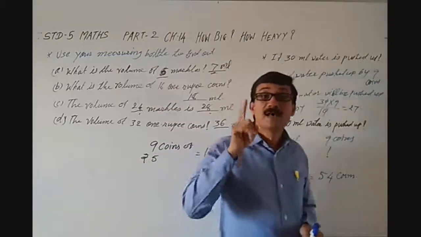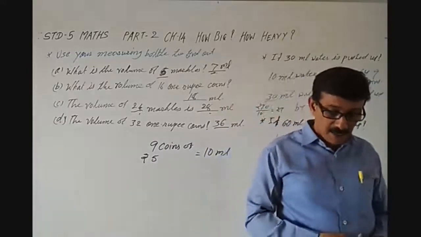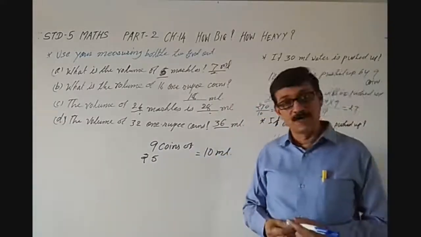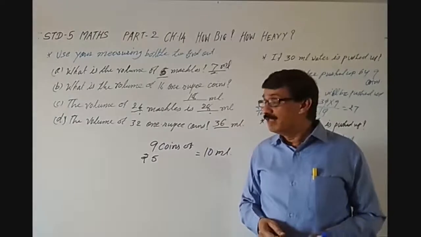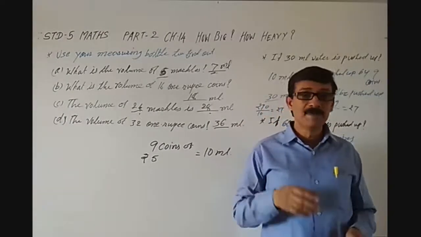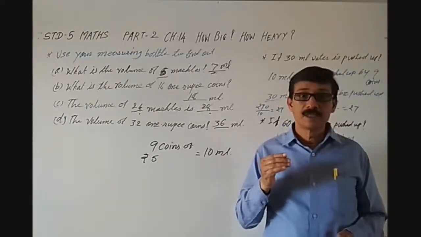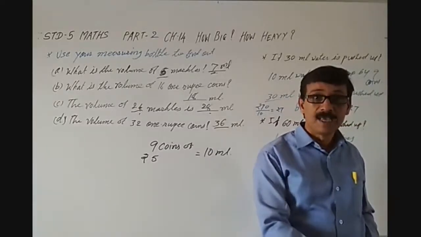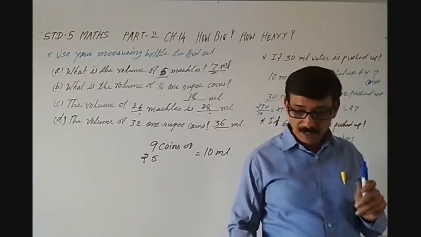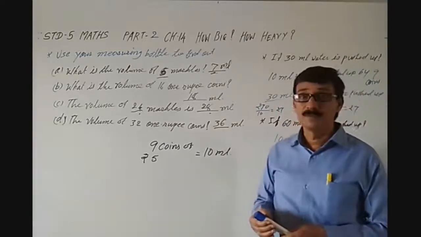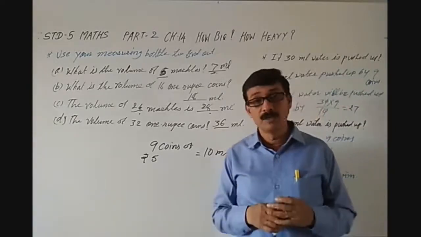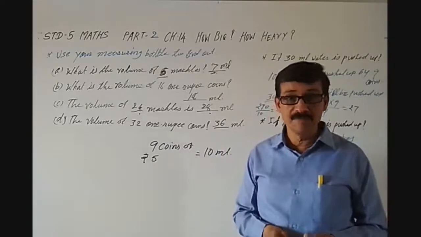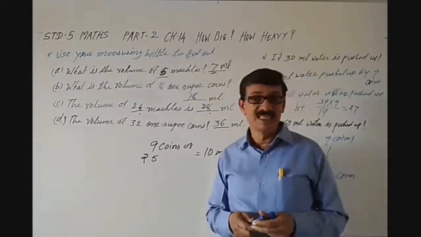How many? 30 liters of water your body will push up. So we come to know how to prepare the measuring bottle, okay, and then after we did these activities, go for this activity with yourself.